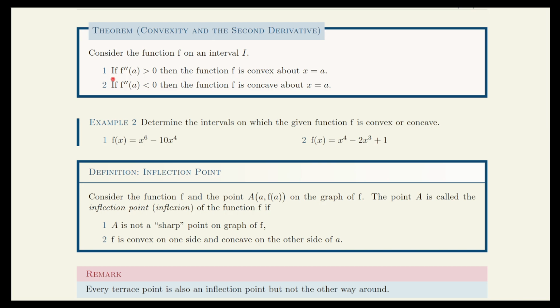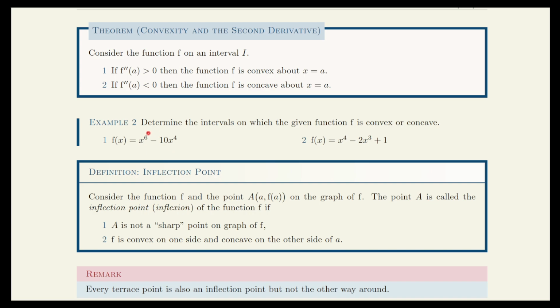Remember when we wanted to talk about local maximum and minimum and stationary points, they have something to do with the first derivative. So when you want to talk about convexity, you need to know the second derivative. And the notion of second derivative is not complicated. You differentiate once, you get a new function, you treat that function as if it is your given function and differentiate it once more.